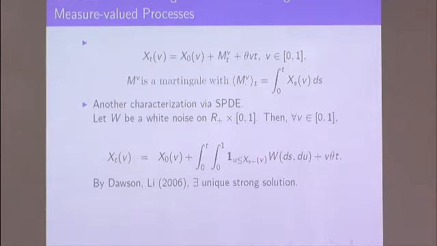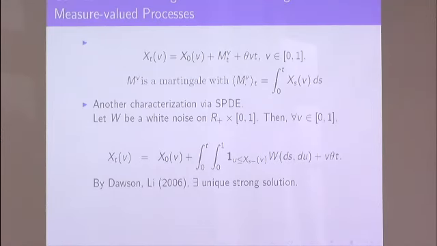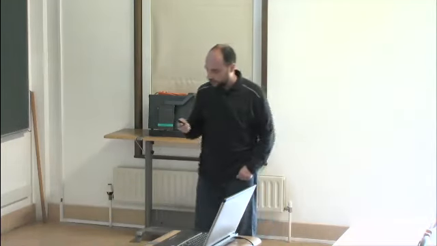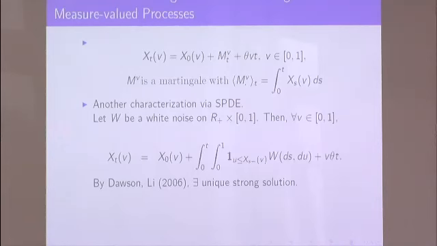This says how much noise you have at time s. It's proportional to the mass of the process up to tau s. And you have this immigration, so mass tends to increase. And again, Thomson-Lee proved that there exists a unique strong solution for this equation.